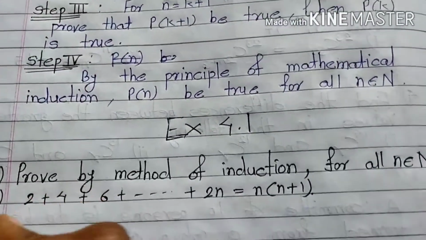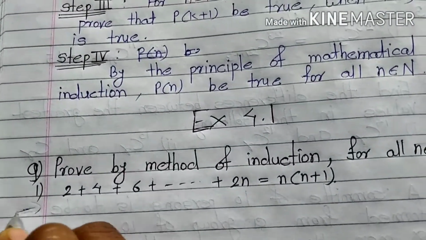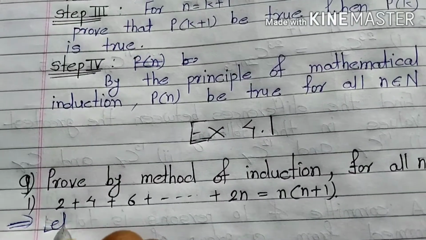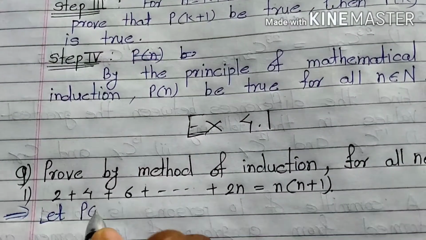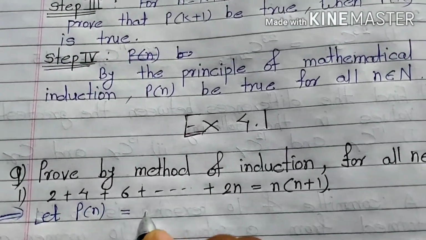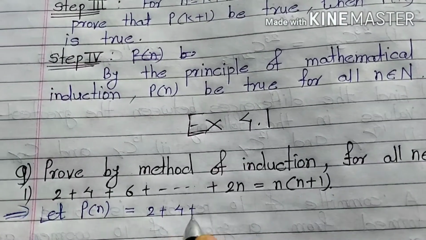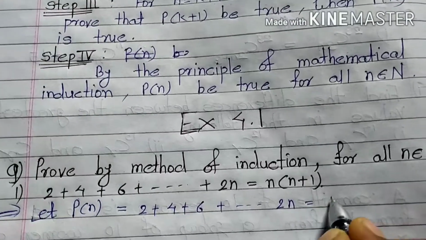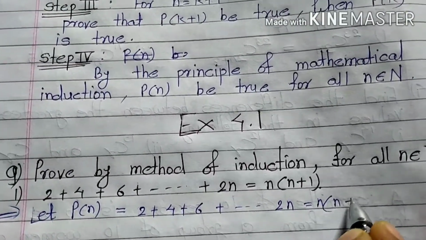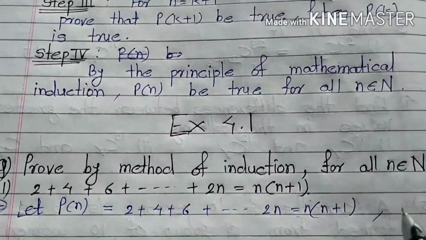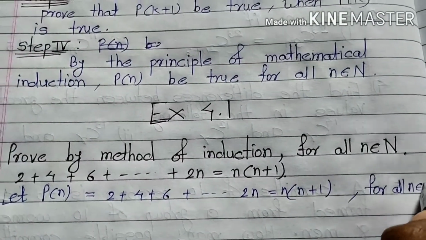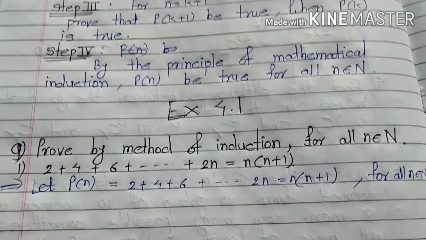So let us start to solve it. So let P of n, which is equal to 2 plus 4 plus 6 plus up to 2n, which is equal to n into n plus 1 for all n belongs to natural number.